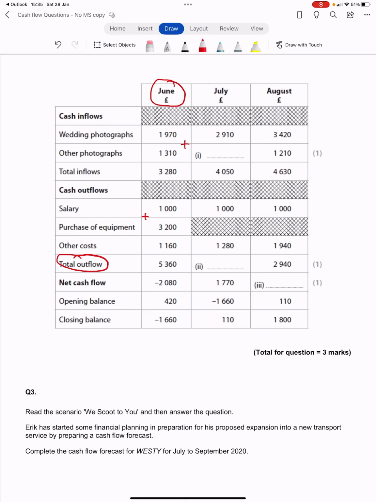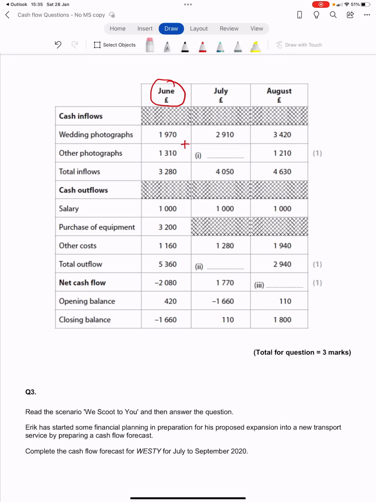They've purchased some equipment for £3,200, maybe a new camera or something along those lines. And they've got other costs of £1,160. And all of those are going to total up to equal £5,360 of total outflow from the business. So that's cash going out of the business in June.